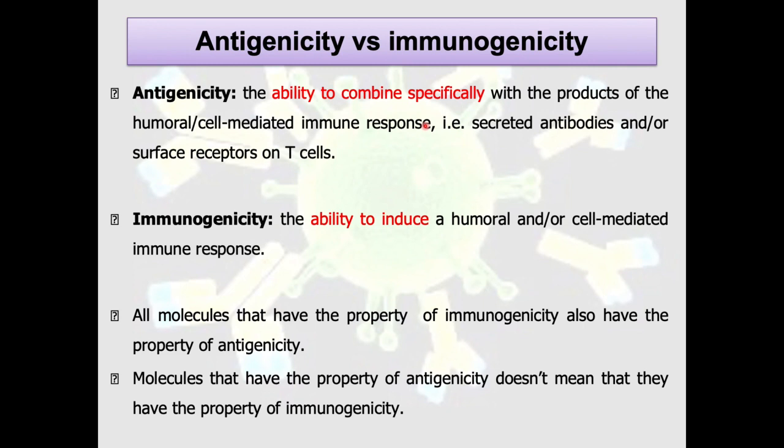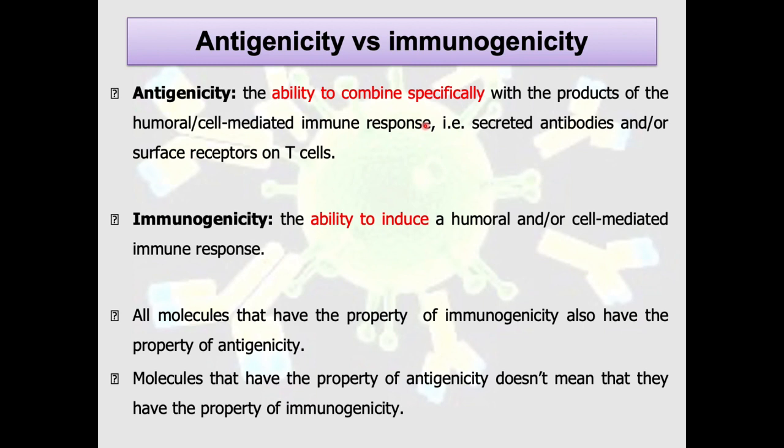There is low antigenicity and there is high antigenicity. High antigenicity means that the binding between the epitopes and the immune response products is higher. Lower antigenicity means that the antibody, for example, cannot easily bind to the epitope or the antigen itself.